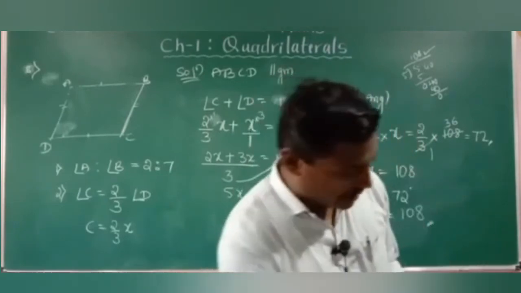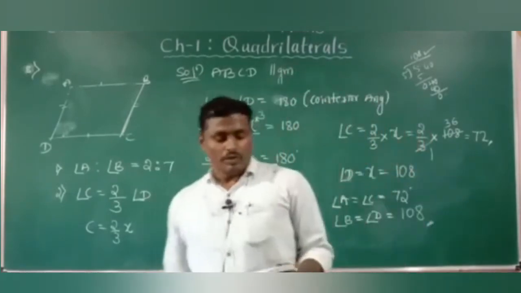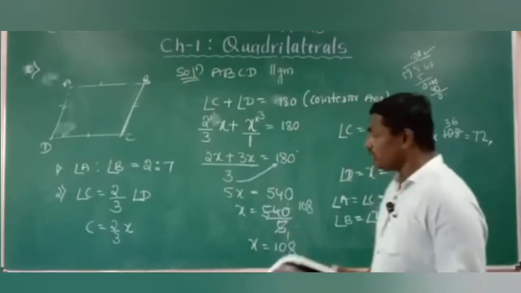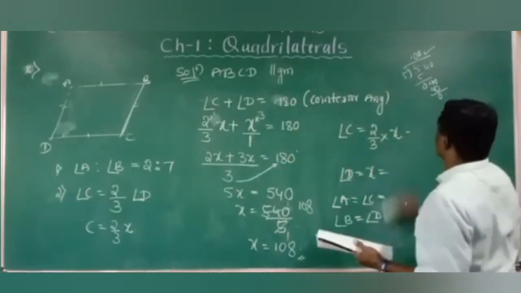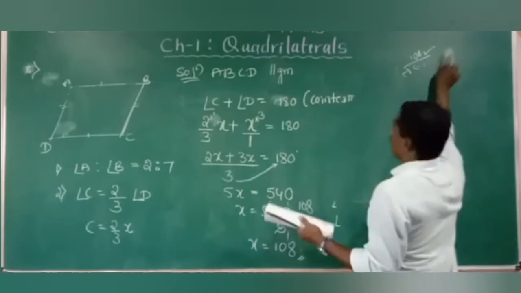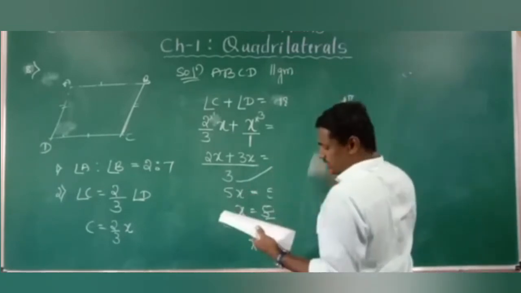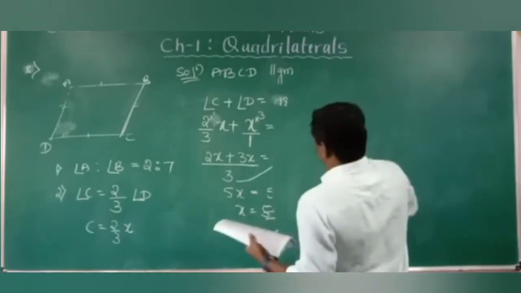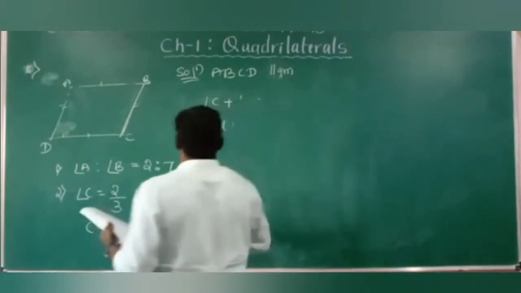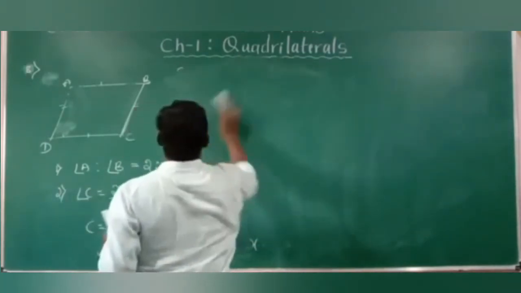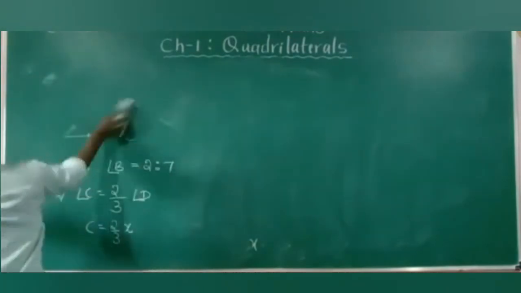Now see the 9th question, 9th main. Find x and y in the parallelogram. Find x and y values in the parallelogram. They give three figures. You need to find the x and y values from the given figures, right?